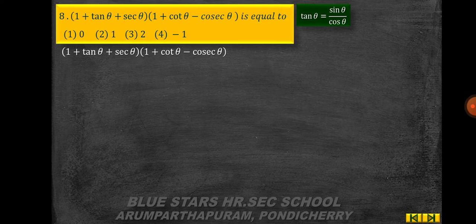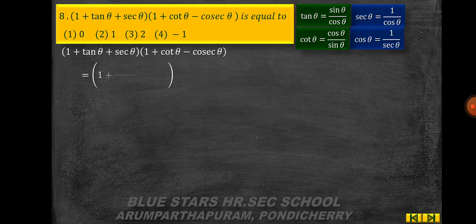We know the trigonometric identity, tan theta is equal to sin theta by cos theta, and secant theta is equal to 1 by cos theta, cot theta is equal to cos theta by sin theta, then cos theta is equal to 1 by secant theta.